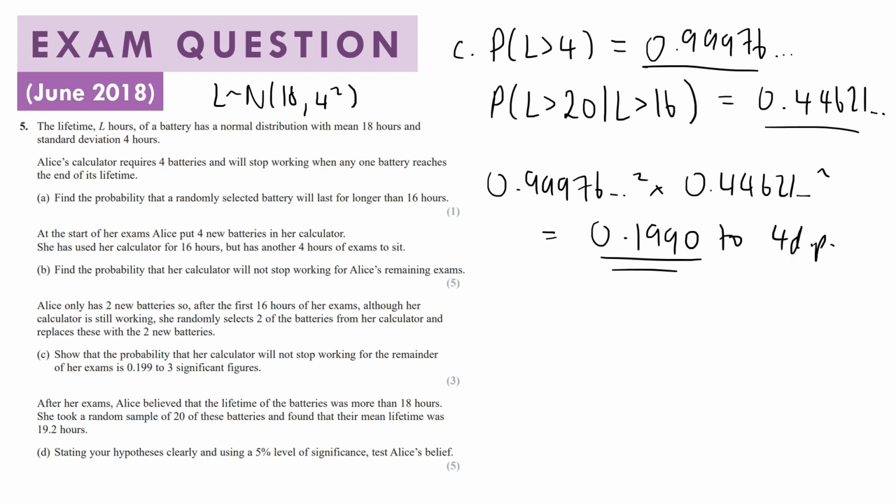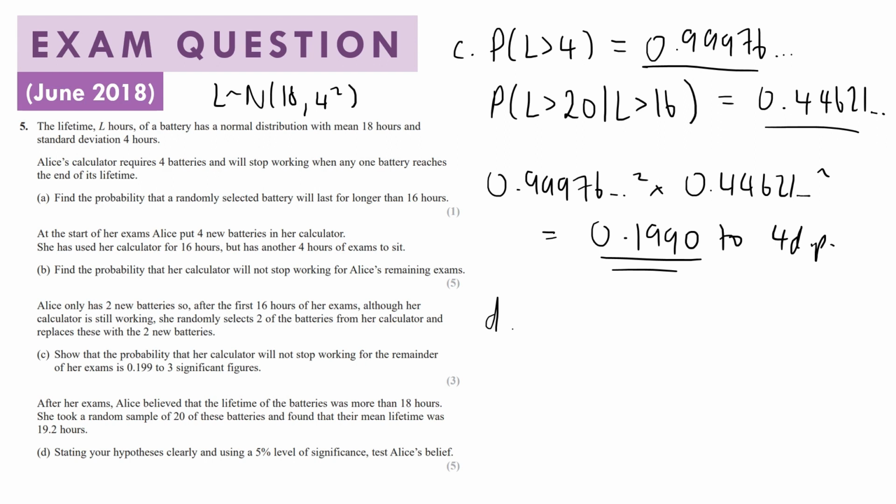And finally, for part D, after exams, Alice believed that the lifetime of the batteries was more than 18 hours. She took a random sample of 20 of these batteries and found that their mean lifetime was 19.2 hours. Stating your hypotheses clearly and using a 5% level of significance, test Alice's belief.